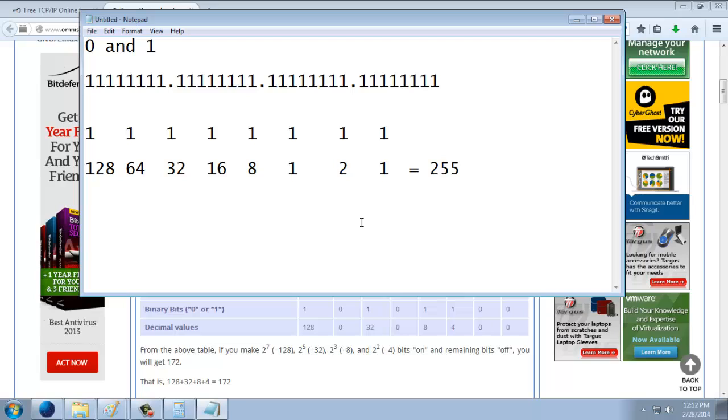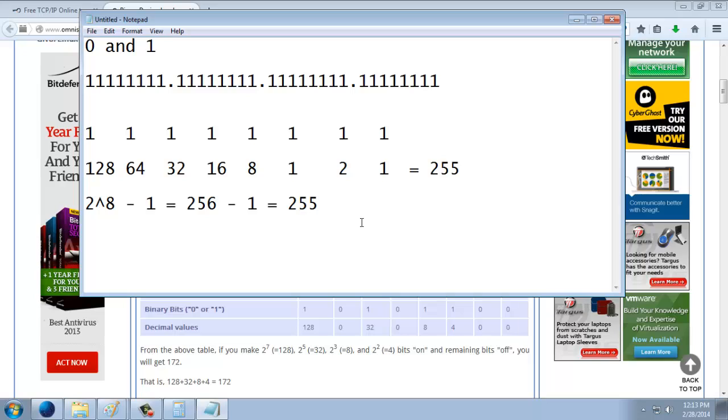If you have an 8-bit number, 2 to the power of 8 minus 1 will give you the maximum possible value which can be created from an 8-bit number. 2 is the base, 8 is the number of bits, minus 1. You will get 256 minus 1, that is 255.